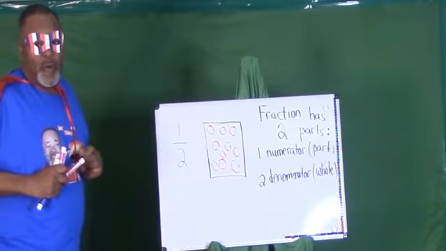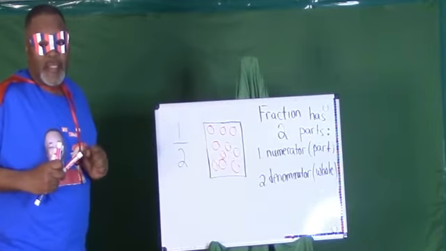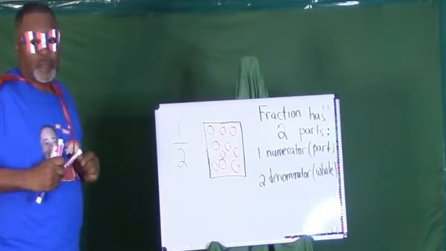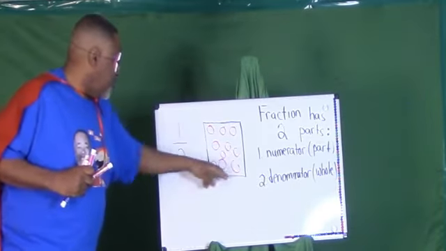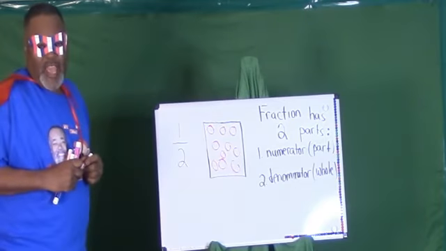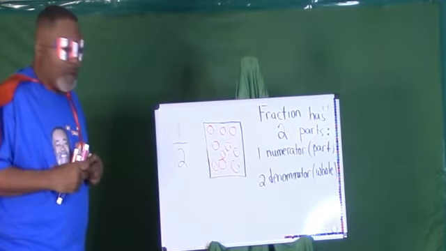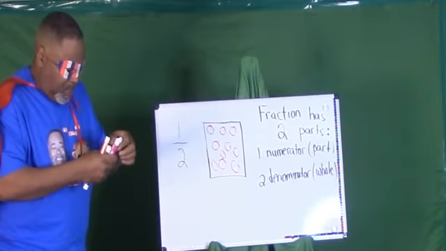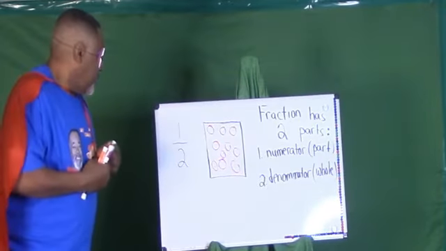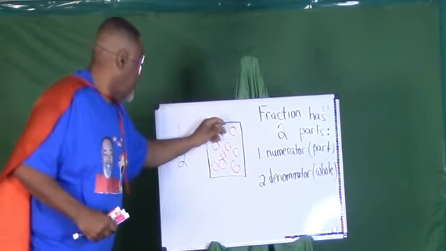Now, we're going to tie that concept with fractions. So here's the deep dish pizza that just came out the oven, nice and hot, pepperoni and cheese all on it. And so I take a knife and I cut it like this.